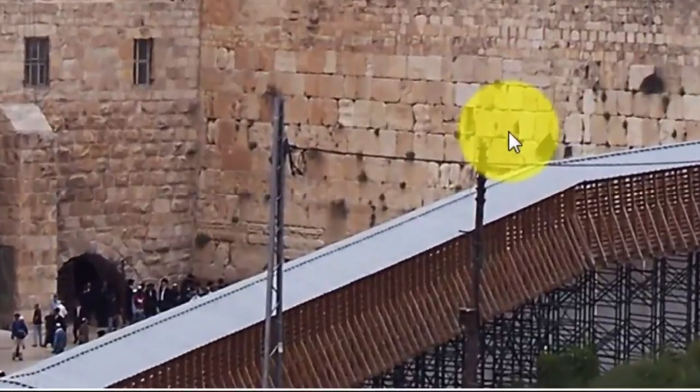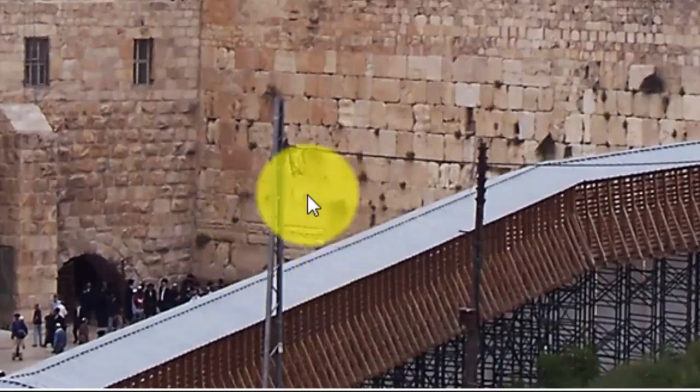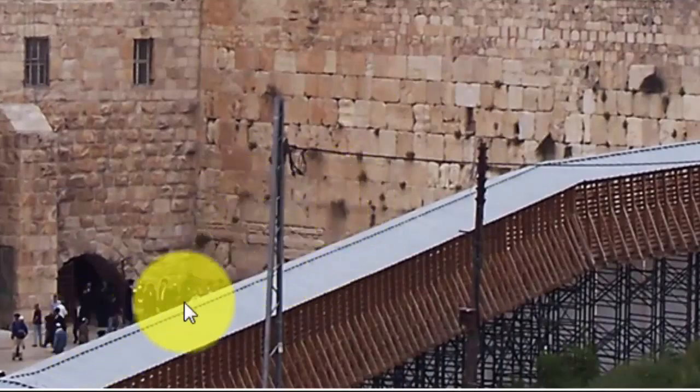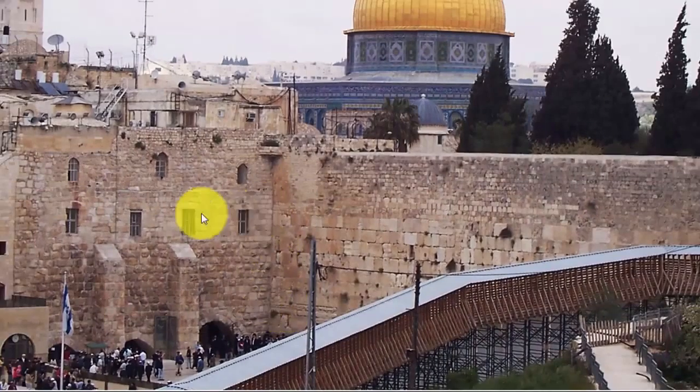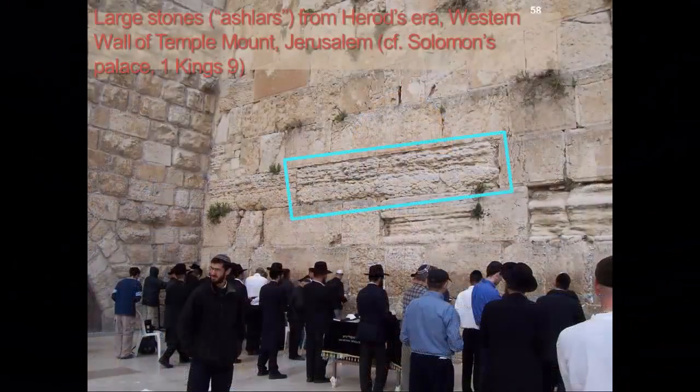The next photograph will zero in on this stone in particular, so we'll be down at the pavement level looking at this stone, and you'll see the conjunction of the wall on the left and the wall on the right. The western wall, known formally as the Wailing Wall, is the focal point of devotion for Jewish worshippers.